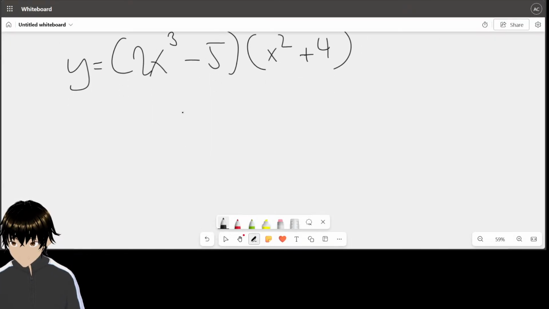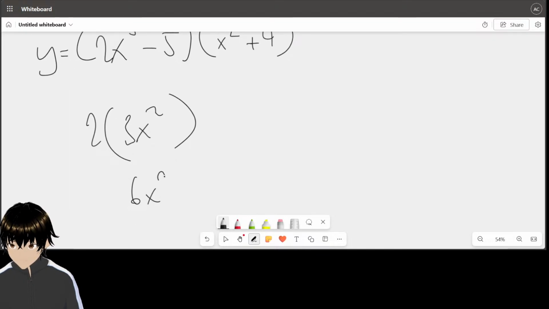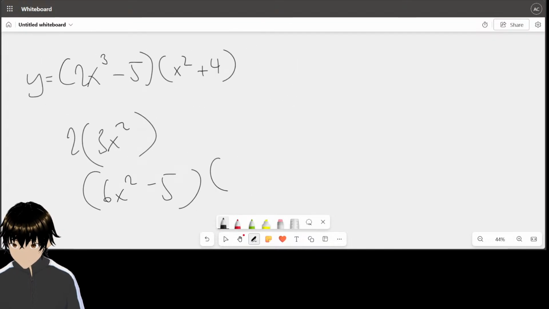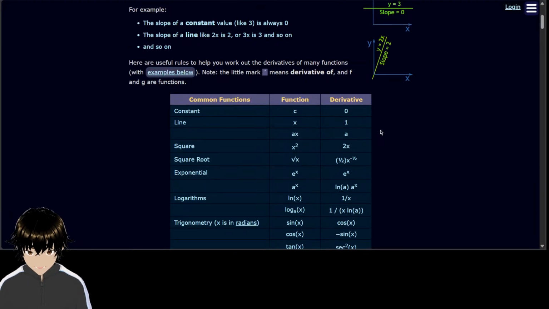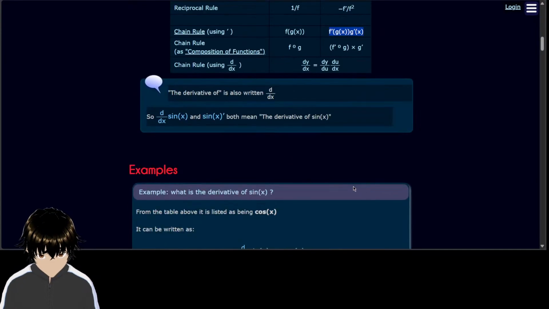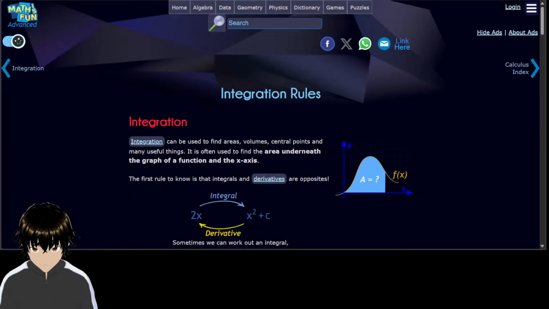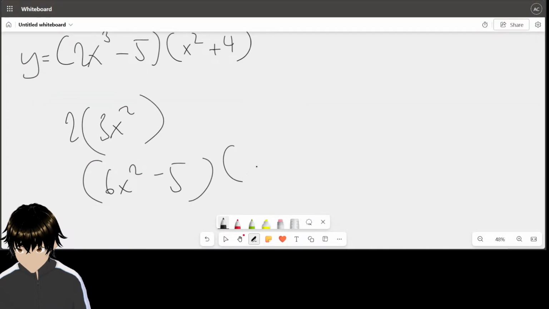We have 3x squared, 2x squared, it's going to be 6. 6x squared minus 5 times. Let me just, I think there was a derivative right here. There was a rule. Is there a rule? Oh no, there's no rule. I'm just going to times that, bro.